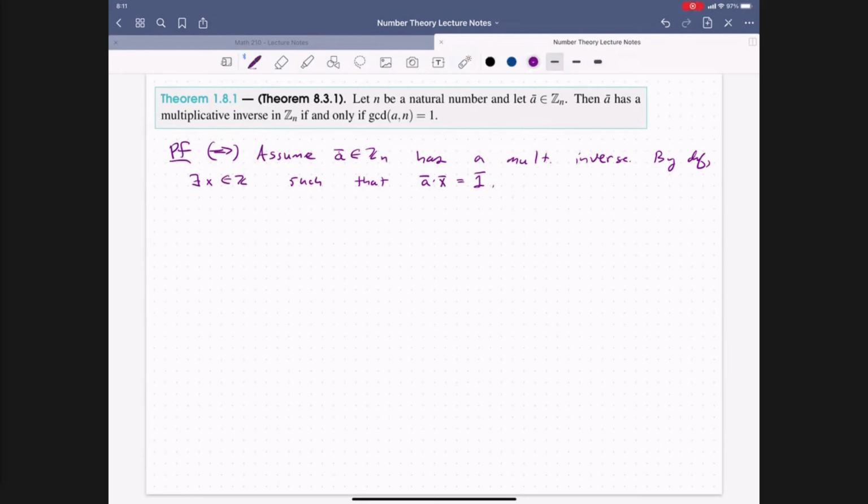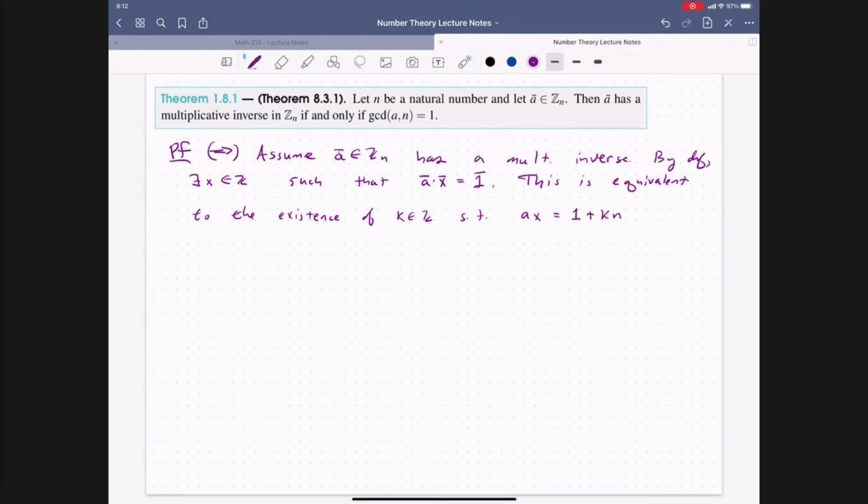And so this is equivalent to the following, to the existence of an integer k such that ax is equal to 1 plus kn.